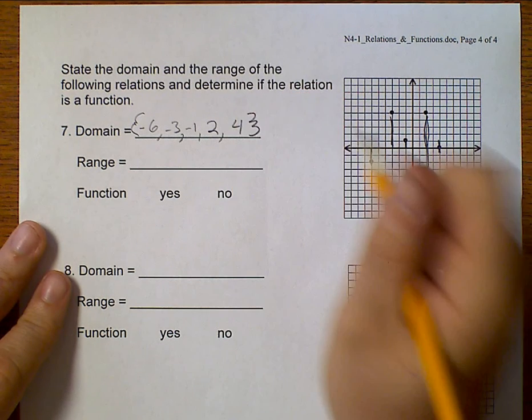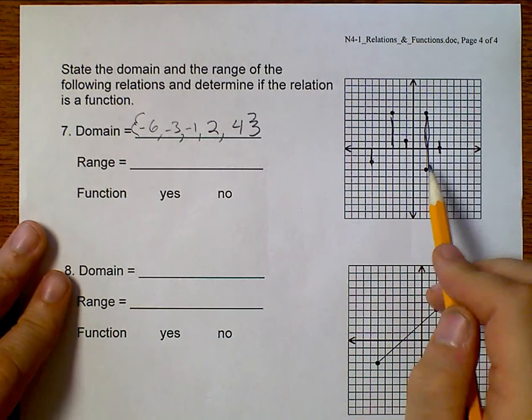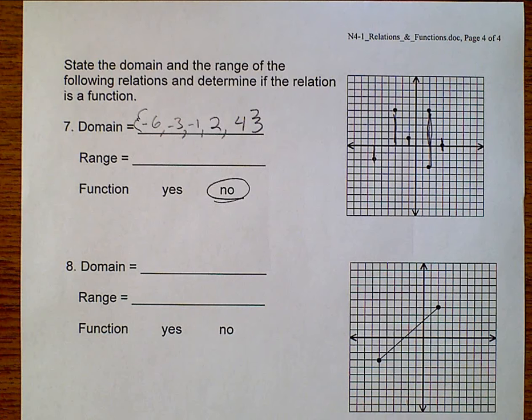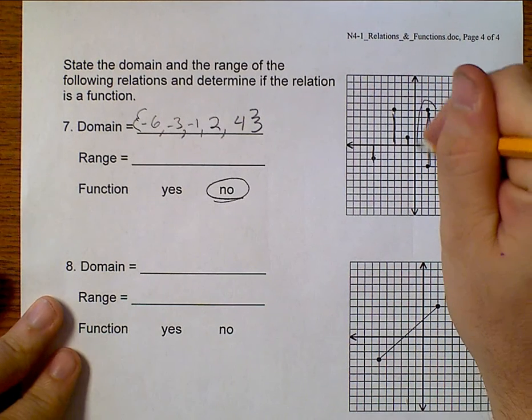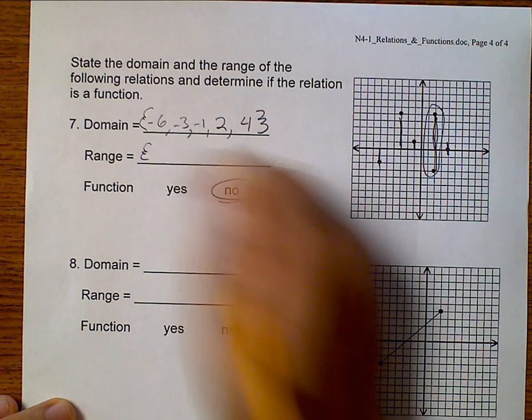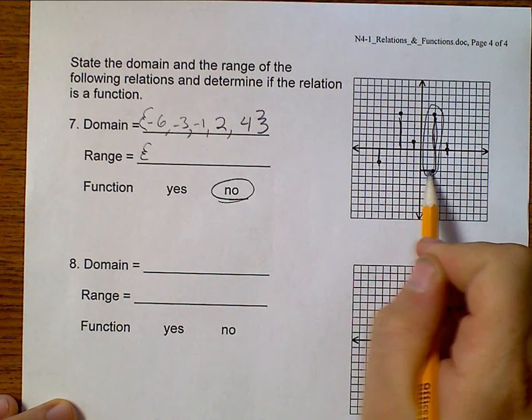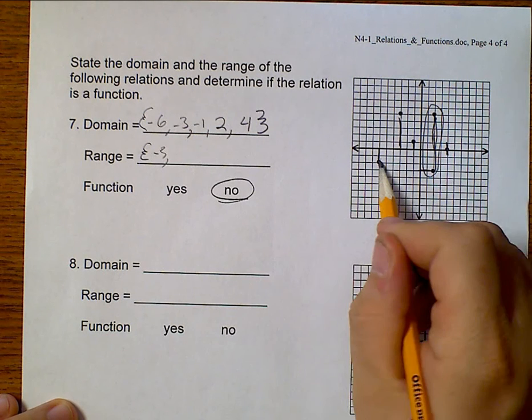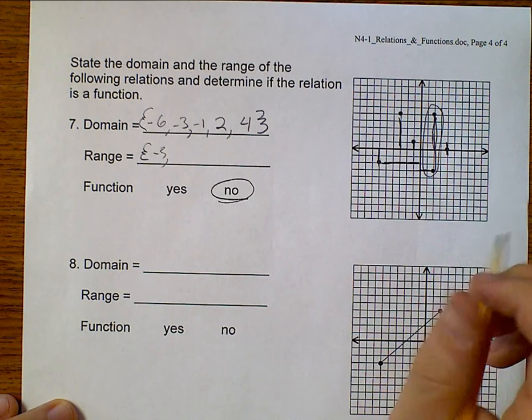And you already noticed that I have failed my vertical line test. And that would be because of these 2 points right here. But now let's take a look at our range. Well, this one is 3 below, so that would be negative 3. 2 below, so that would be negative 2.